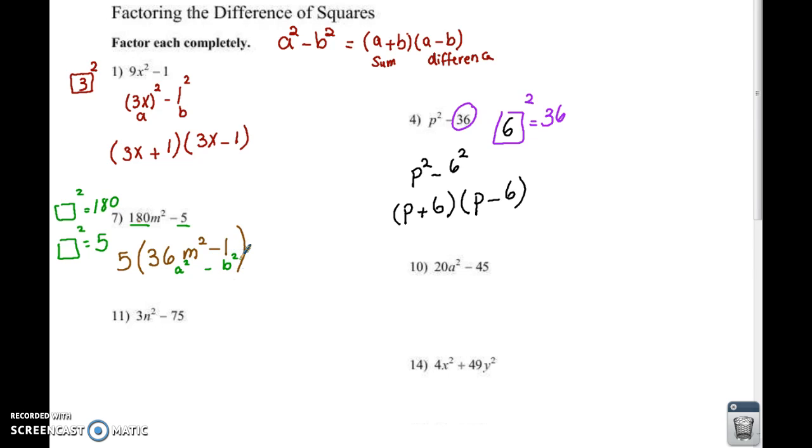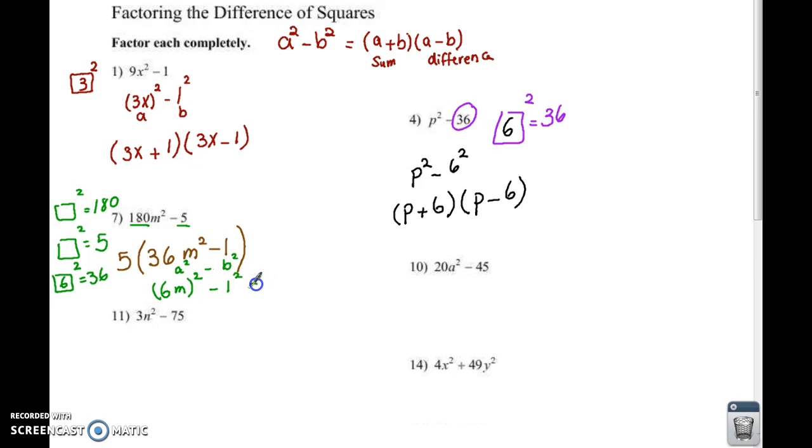Oh, absolutely. We already said that 1 is an easy number to play with. Now, what base squared is equal to 36? That's an easy one. 6. We also did it here before. So, we have 6m all squared minus 1 squared.